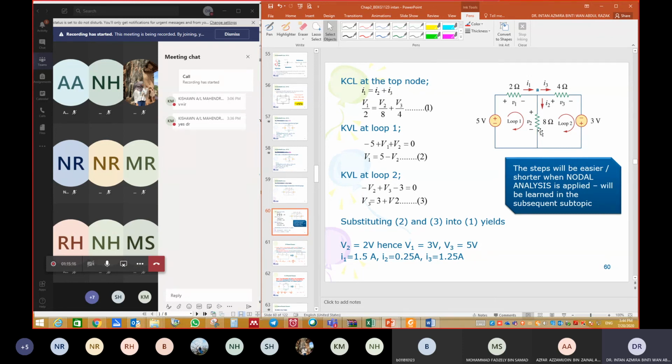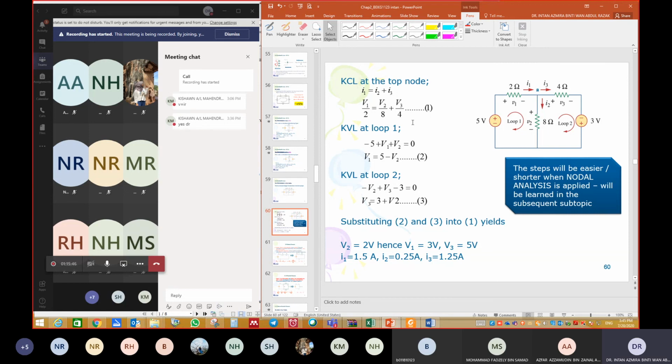I2 is the current flowing through 8 ohm, meaning V2 divided by 8, and then plus I3. I3 is the current flowing through 4 ohm, so V3 divided by 4. Sorry, no need to rearrange yet.